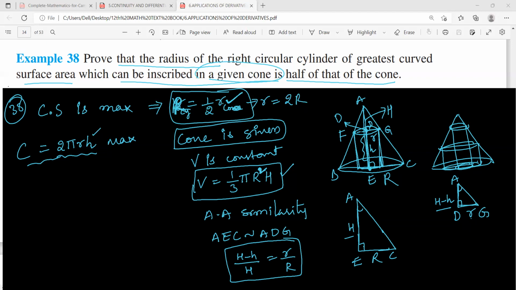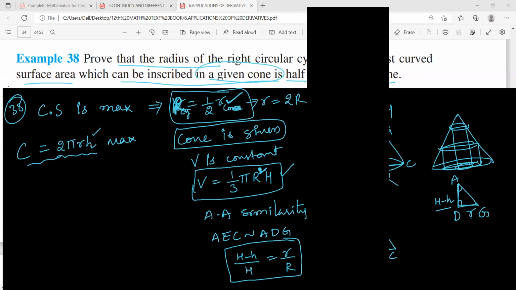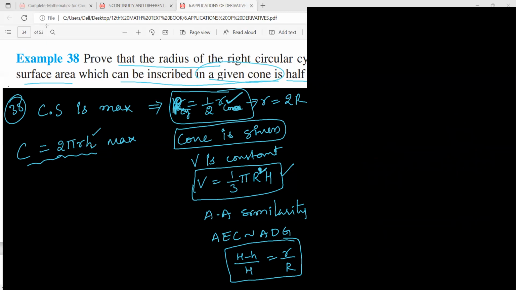So further, this will take some space here. We'll take some space here for removing this one. This small h actually we need to remove.